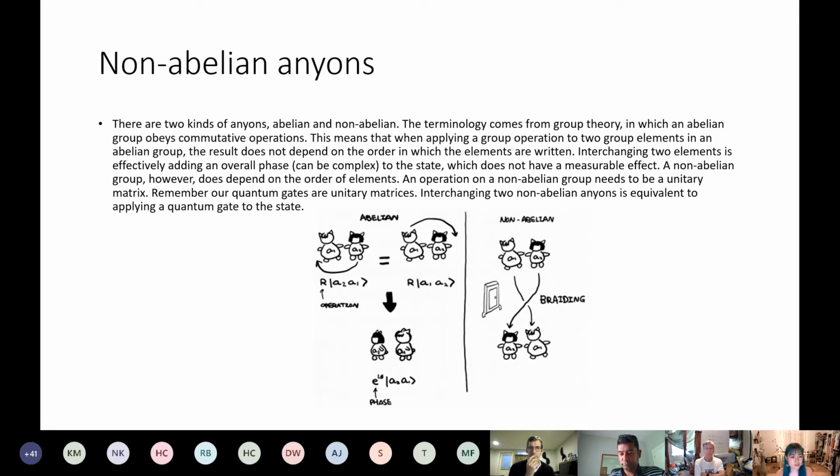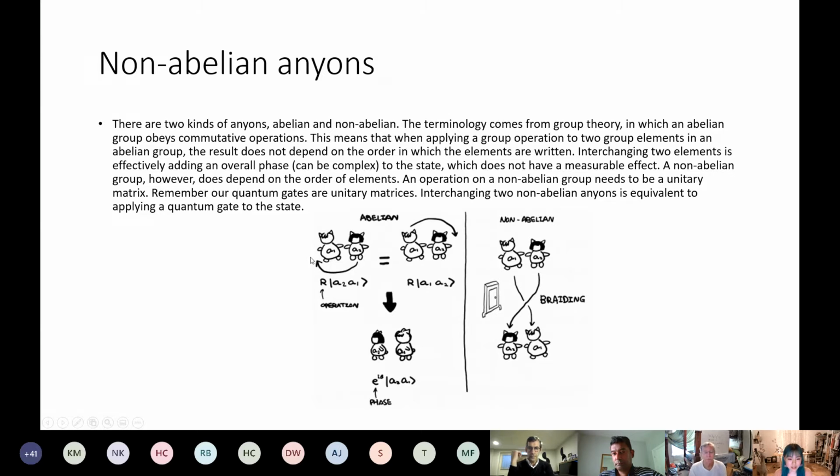So just a little bit about how anyons work: in fact, the quasiparticles used in topological quantum computing follow something called non-abelian anyons. These terms come from group theory, where you would describe the statistics of different types of anyons.